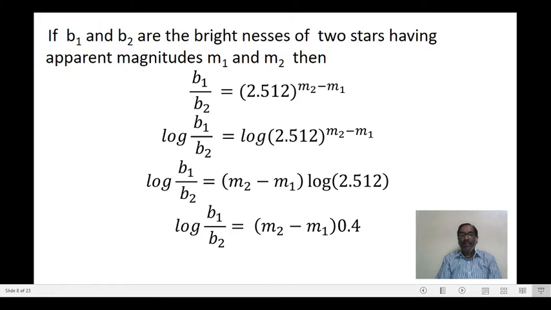Log B1 by B2 is equal to log 2.512 to the power of M2 minus M1. So here we have taken log on both sides. Log a to the power of n can be written as n log a. So M2 minus M1 into log 2.512. Log 2.512 value is 0.4. Therefore log B1 by B2 equals M2 minus M1 into 0.4.